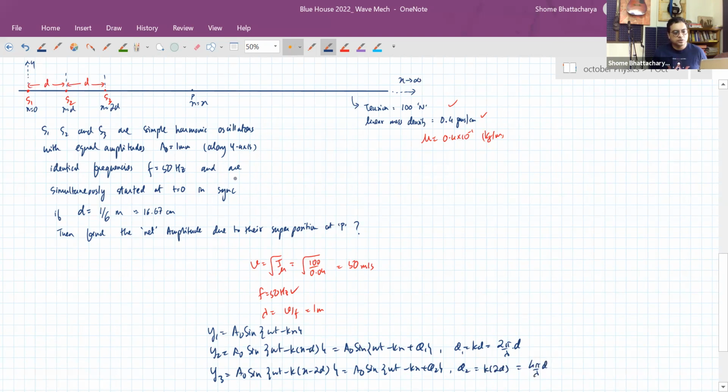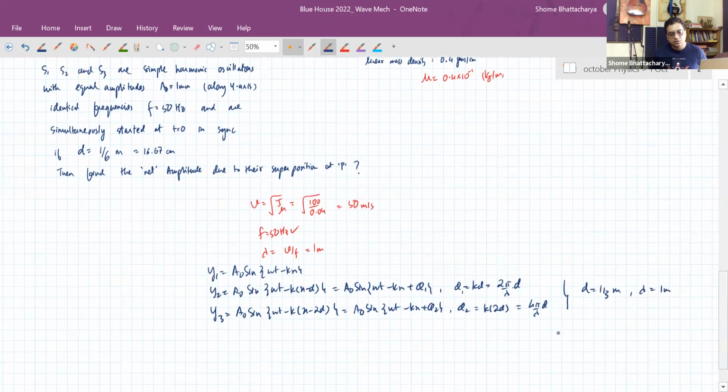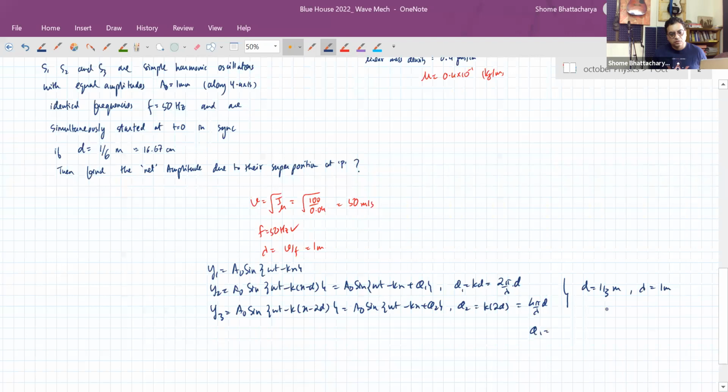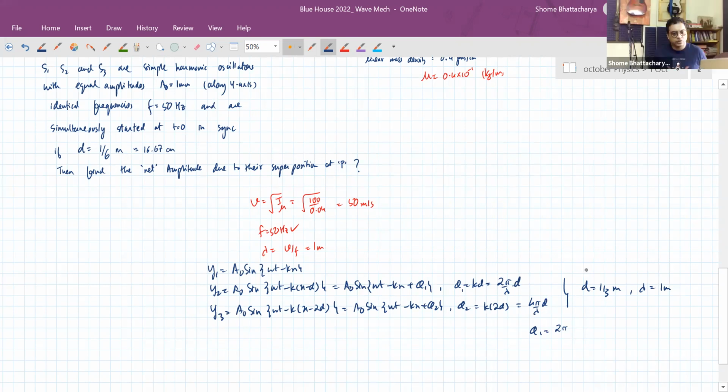Now we use the value of d which is given, and lambda we just saw is 1 meter. So phi 1 comes out to be pi by, so that was 1 by 6. Yeah, it will come out to be pi by 3. Correct.